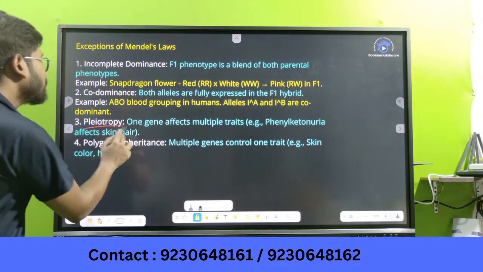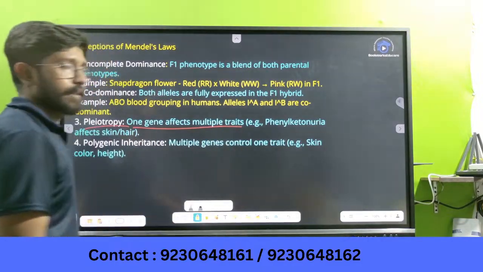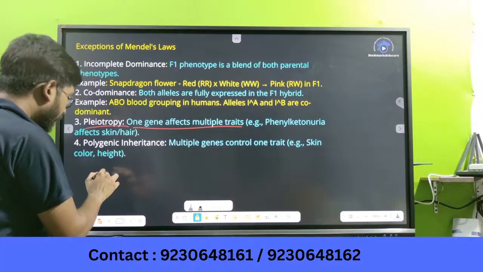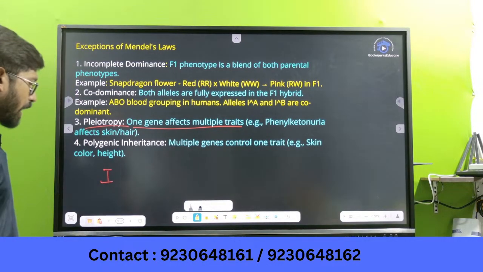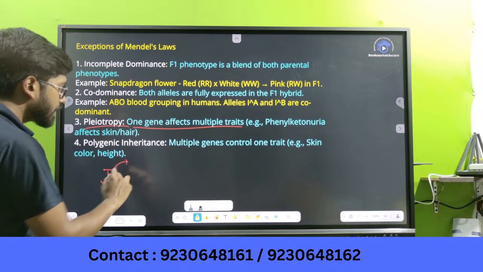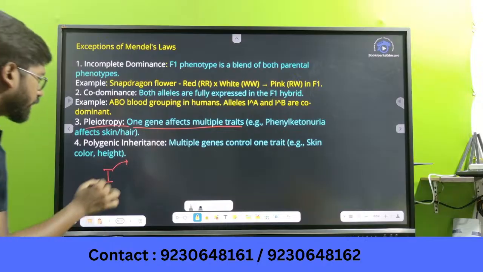Then pleiotropy. This is a very simple concept. One gene affects multiple traits. Means if you have a gene characteristic, it can be whatever. Let me write I. This I characteristic is supposed to show, let's say, a protein small i.